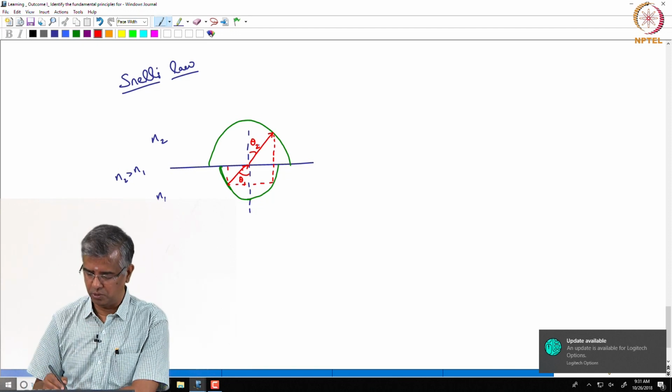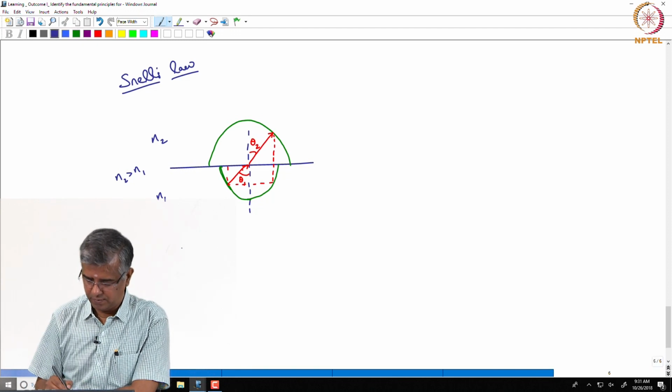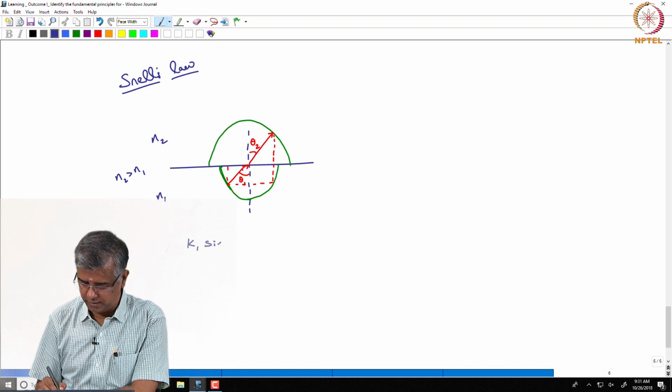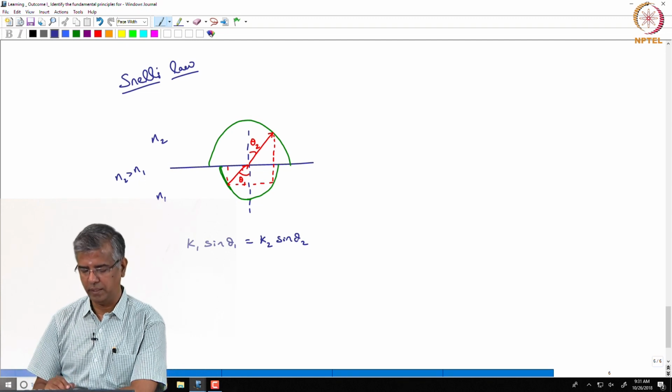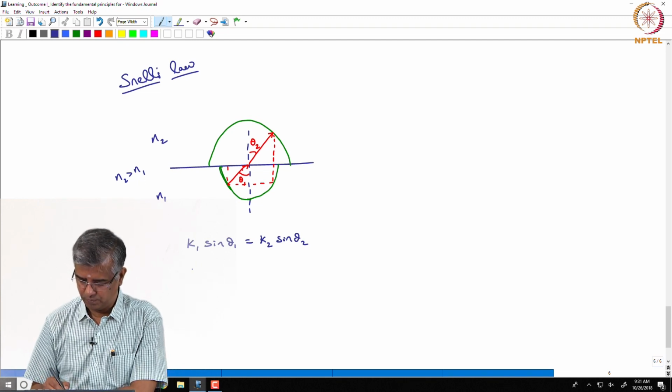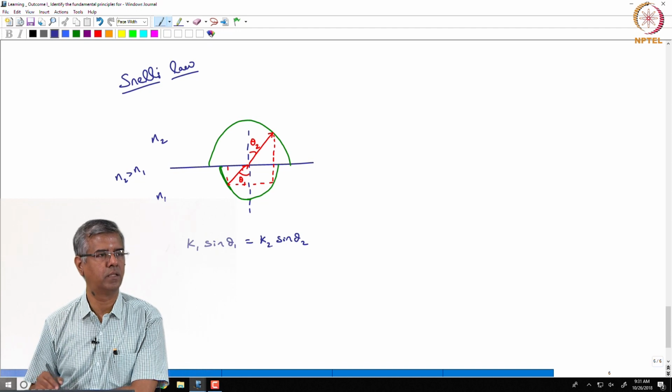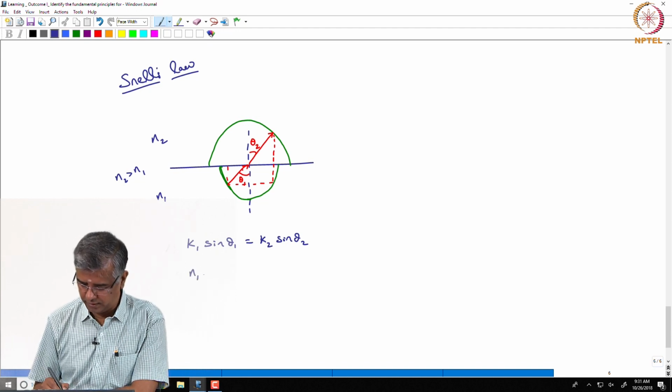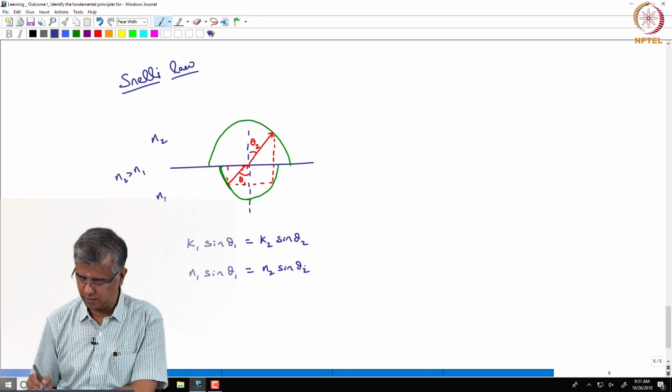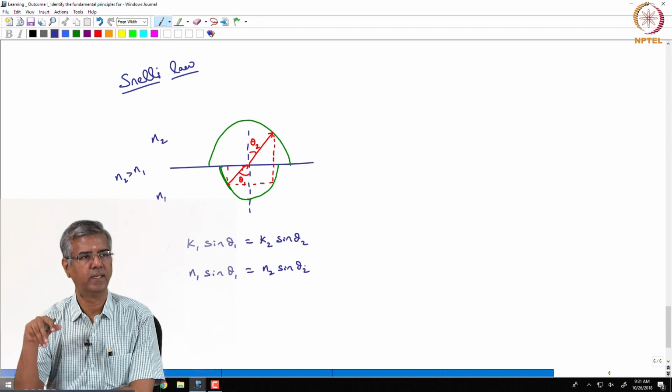So, you write this as k1 sin theta 1 equal to k2 sin theta 2, because those represent the tangential components, and then that gives you n1 sin theta 1 equal to n2 sin theta 2, right.